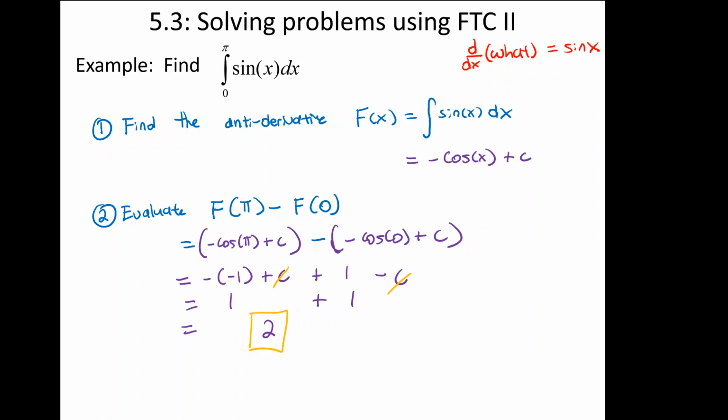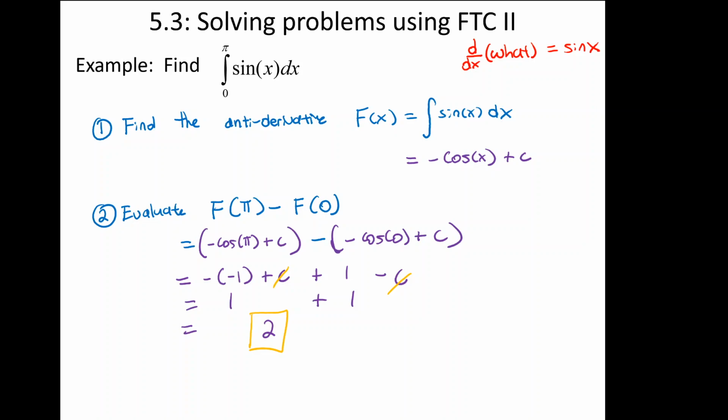Now imagine if the question said, find the area underneath sine of x from x equals 0 to x equals pi. You used rectangles, and you would take the limit as the number of rectangles goes to infinity, but the heights of all the rectangles would involve sine functions, and there's no nice summation formula for those.